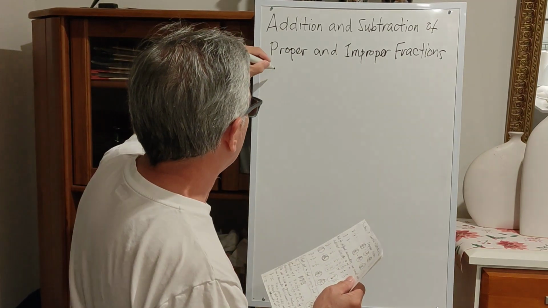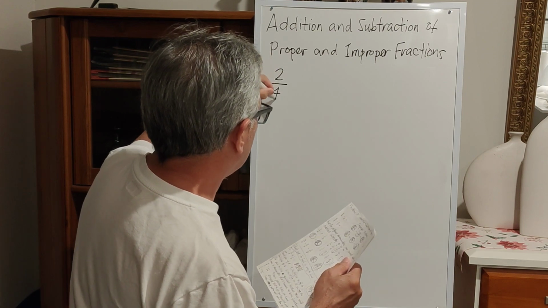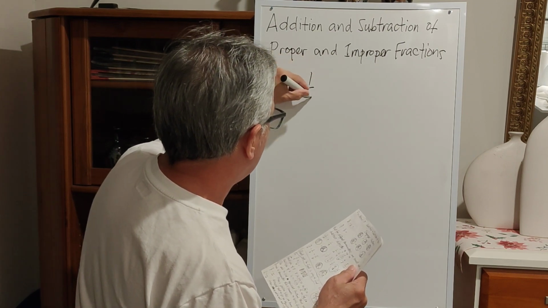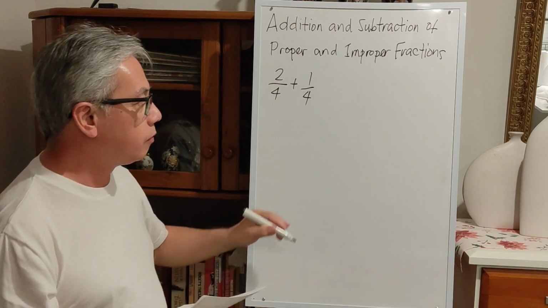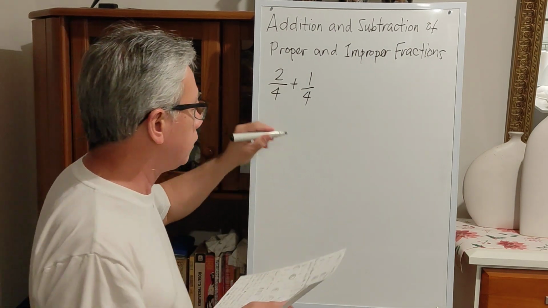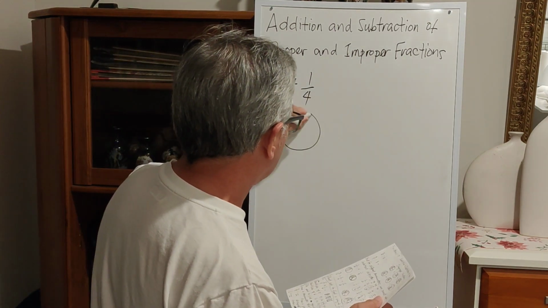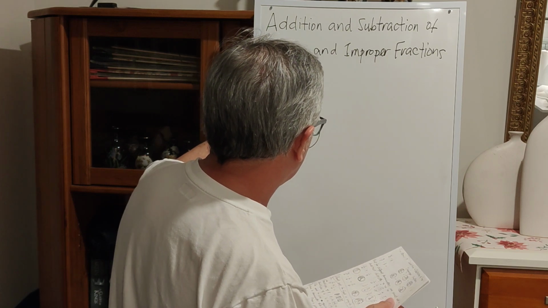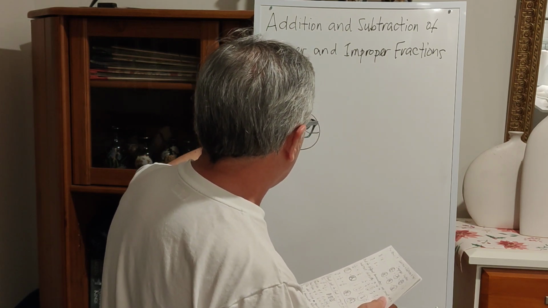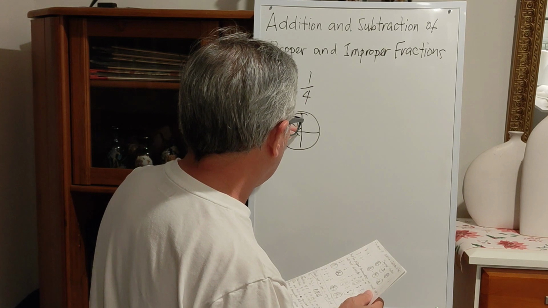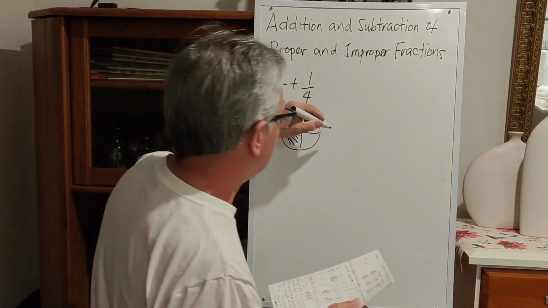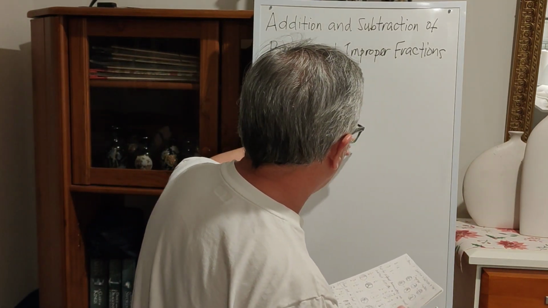For example, 2 fourth plus 1 fourth. So if we draw this, it will become like this. So this is 2 fourth, and then we draw 1 fourth.